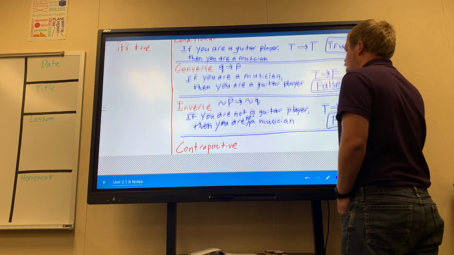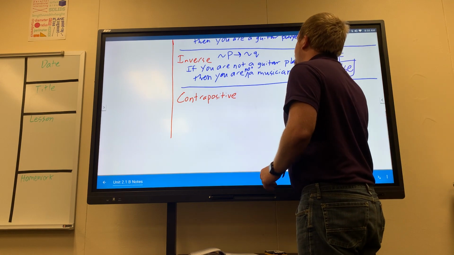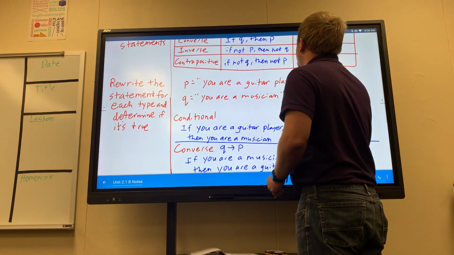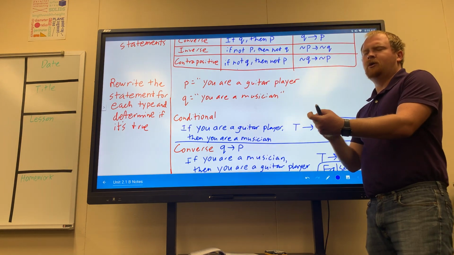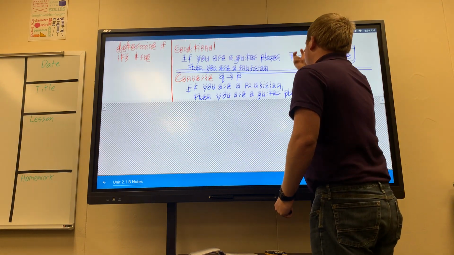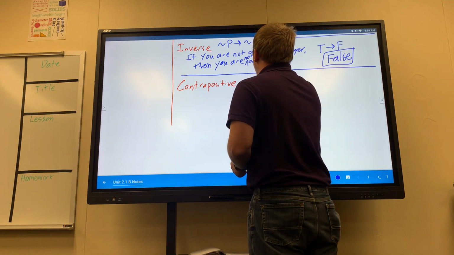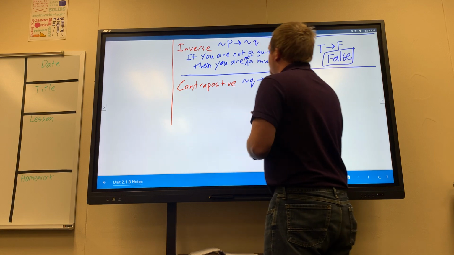Okay? Next, we're going to do the contrapositive, which, remember, if not Q, then not P. So really, we're reversing or flipping the inverse. So if not Q, then not P. Okay?